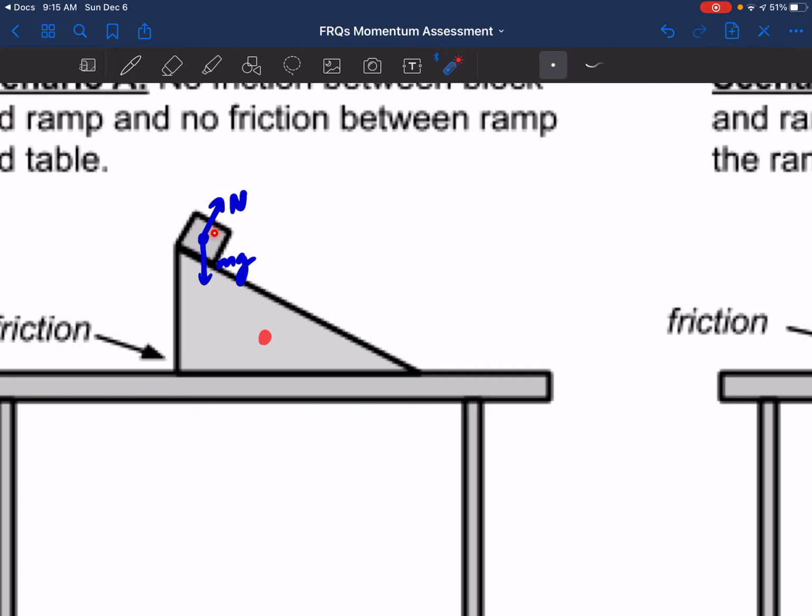In other words, because the block is feeling a force up and to the right from the ramp, that ramp will feel a force down and to the left. And these forces are going to be equal. And because that normal force has a component in that direction, this ramp is actually going to get pushed in this direction. It's going to move that way as the block moves this way.